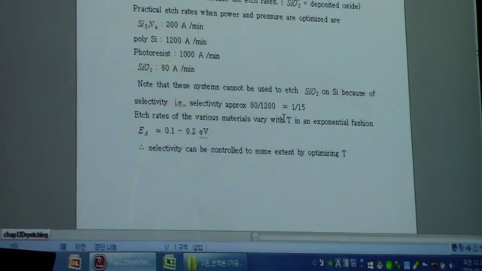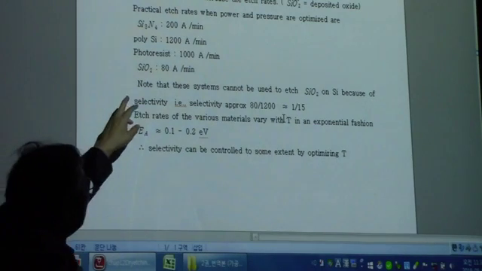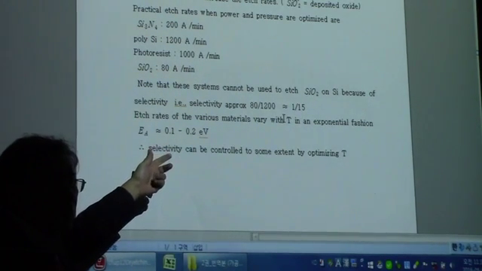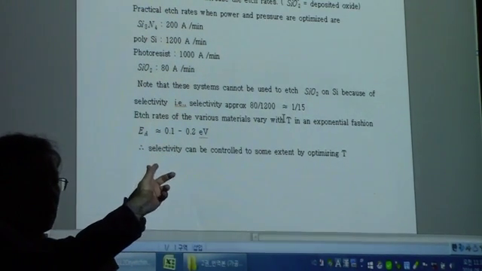So if that is the case, we cannot pattern the silicon oxide with this barrel type CF4 plasma. Okay? If the etch rate is the other way around, then we can etch the silicon oxide.